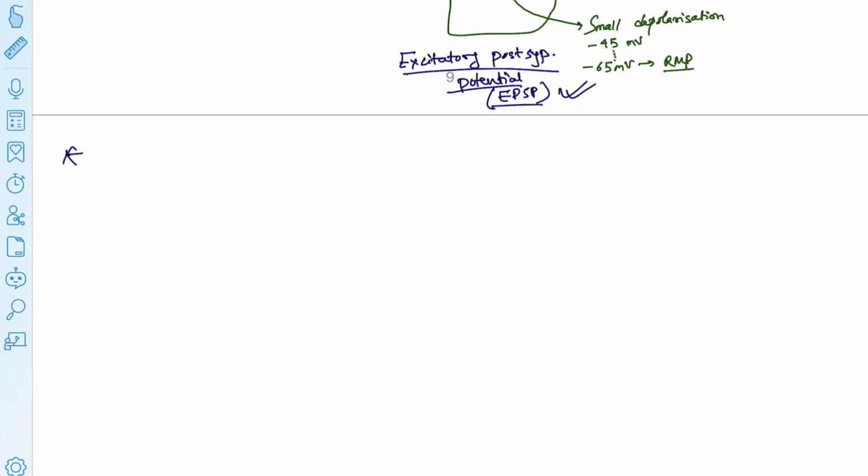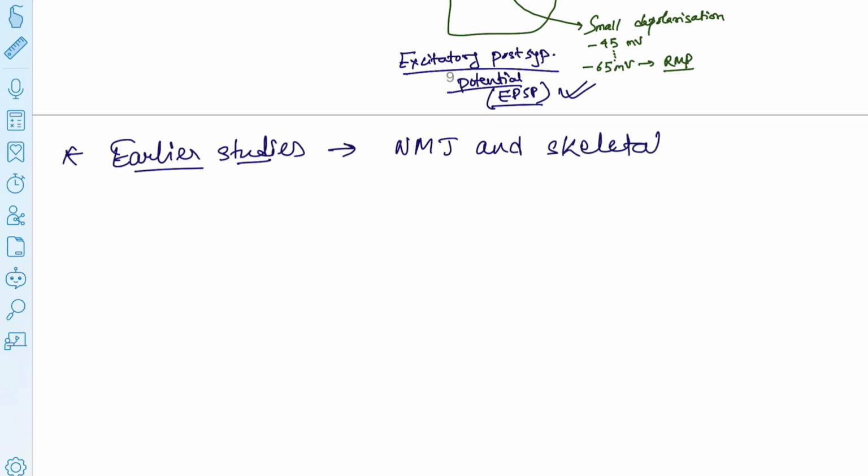As we know, earlier studies found that the nicotinic receptors are mainly expressed in the neuromuscular junction and skeletal muscles, and postsynaptic neurons, right?